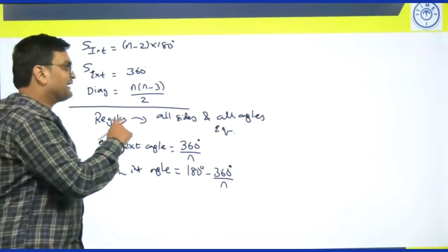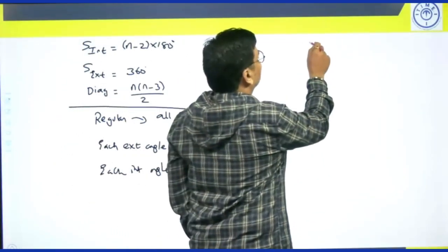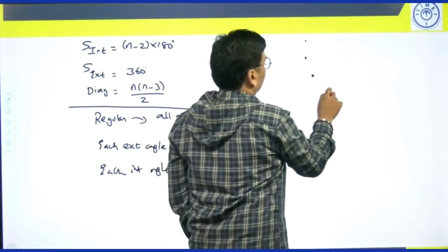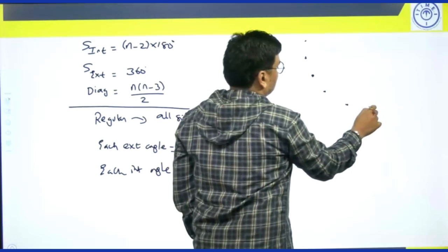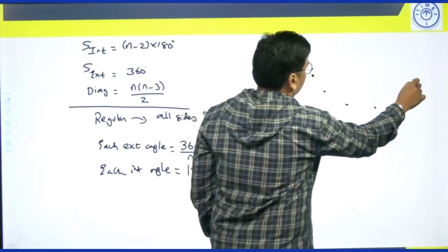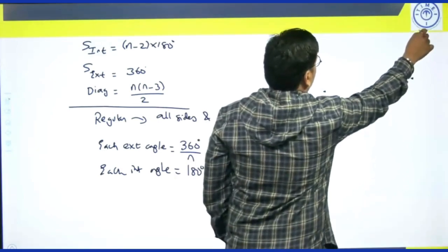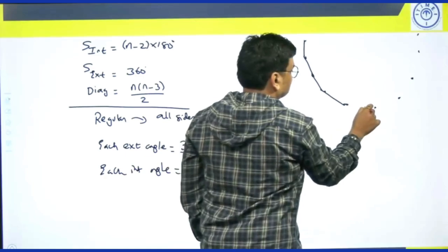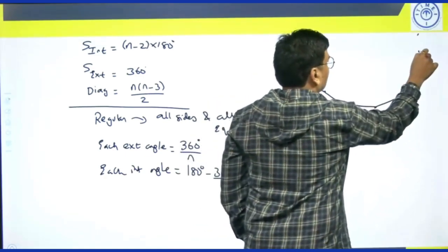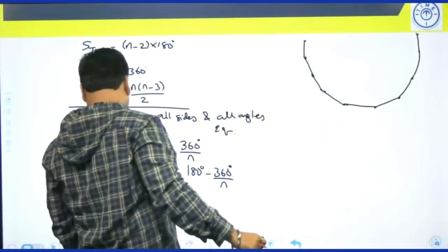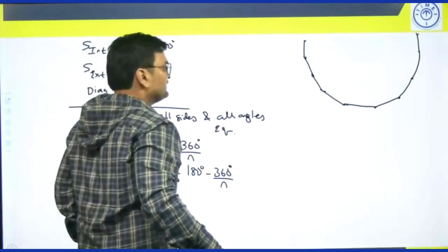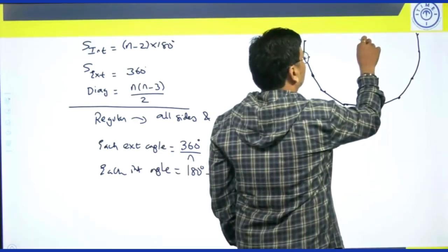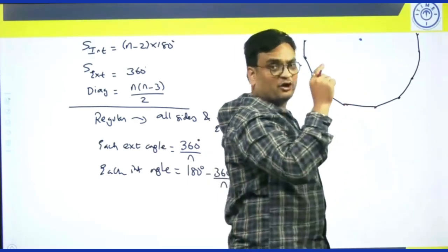Now if I take a regular polygon, let's say an n-sided polygon, there is one vertex, second vertex, third vertex, fourth, fifth, sixth, seventh, eighth, ninth, 10th and so on. So the polygon looks like this. It's a regular polygon, so that would mean it has a center, and this center would be equidistant from all the vertices.